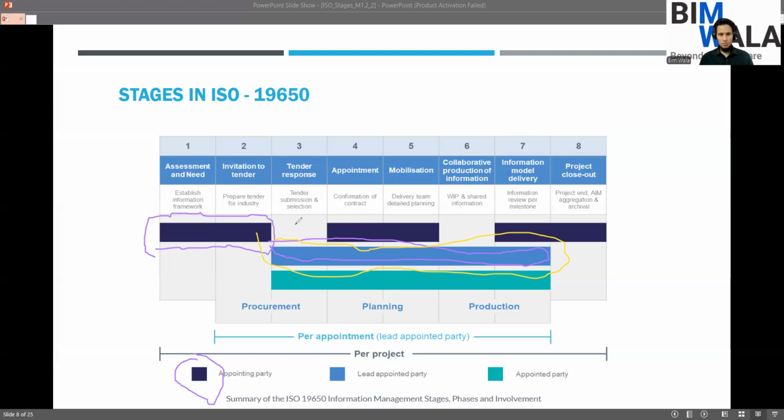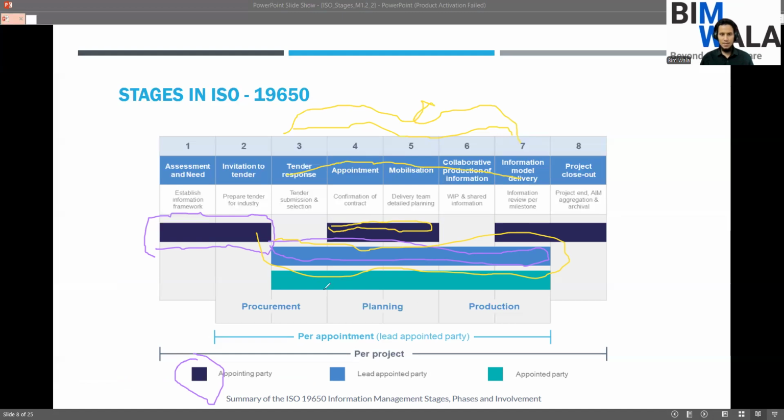Correct. So starting from stage 3 to stage 7, these stages, we have 3, 4, 5, 6, 7. This is the work of the lead appointed party. Correct. And of course, we have some intervention of the appointing party in between at stage 4 and 5, and in the 7th and 8th as well.